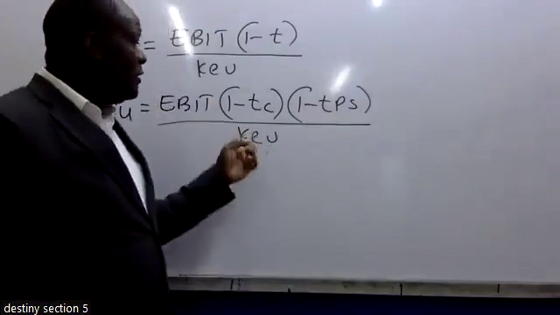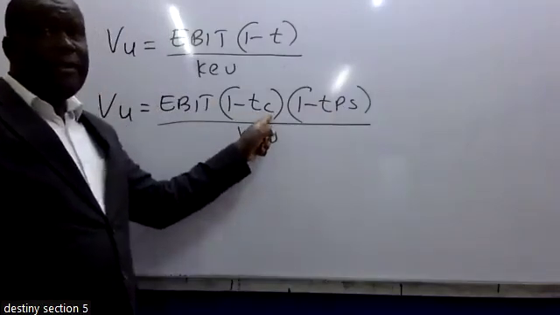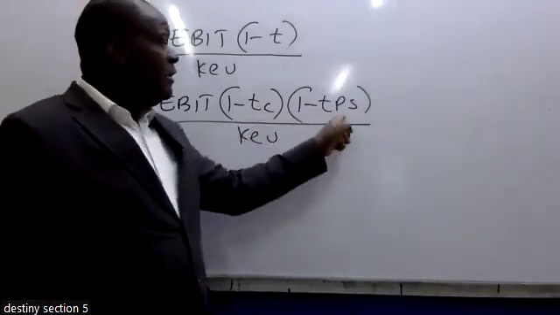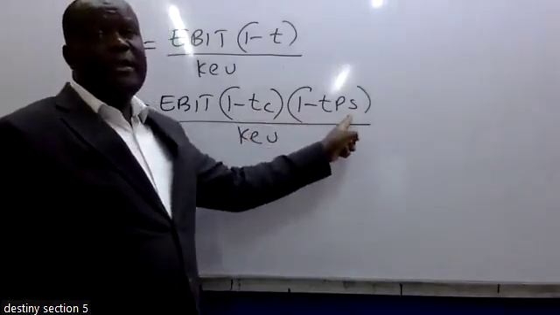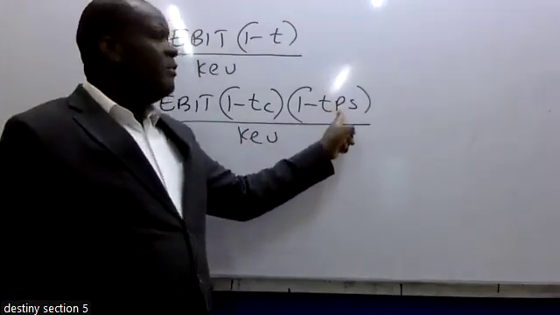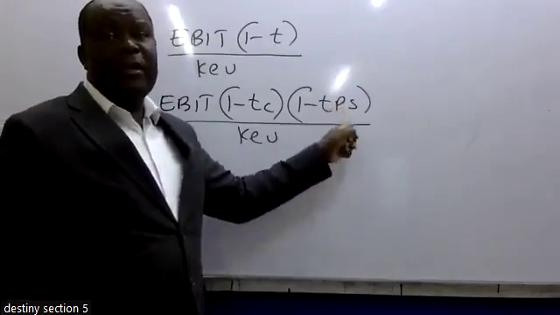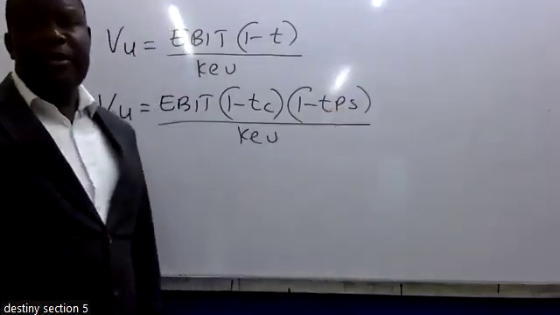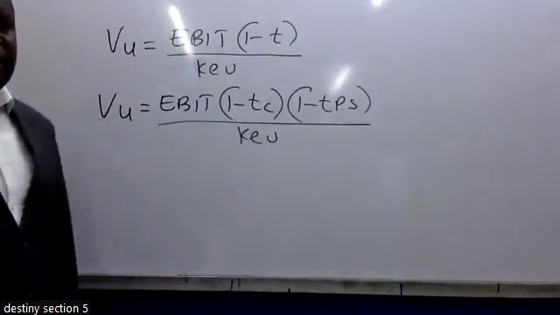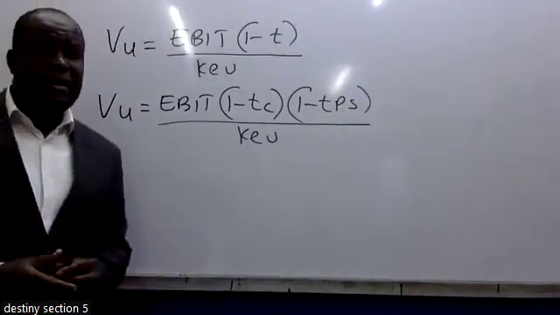So this one is the corporate tax, and this one is the personal tax rate on the common stock income. Common stock will be the ordinary shares. Then KEU remains the same.